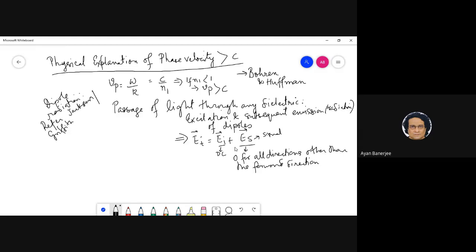The crucial thing is in terms of direction: only in the forward direction is this ET actually there. In other directions, ES is zero.